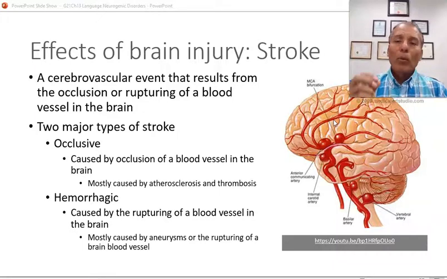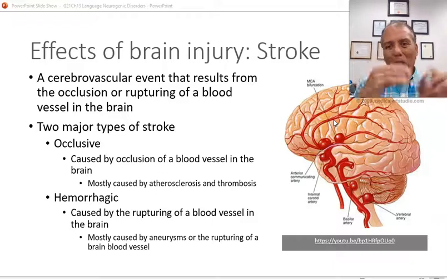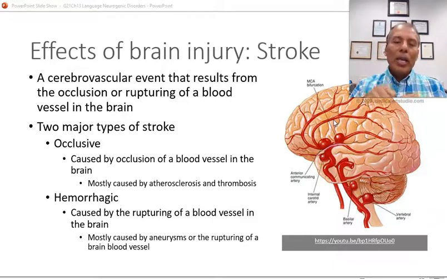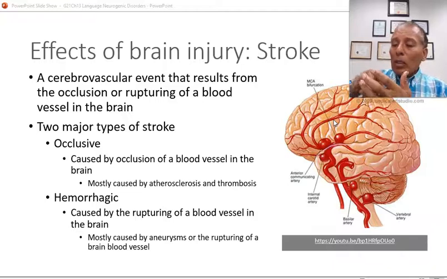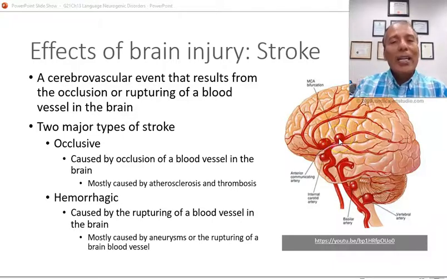There are some people who have abnormally thin areas of certain blood vessels, and this could be exposed. In some cases, these thinner walls could, with the increased pressure, balloon out, and they can cause what is known as an aneurysm.